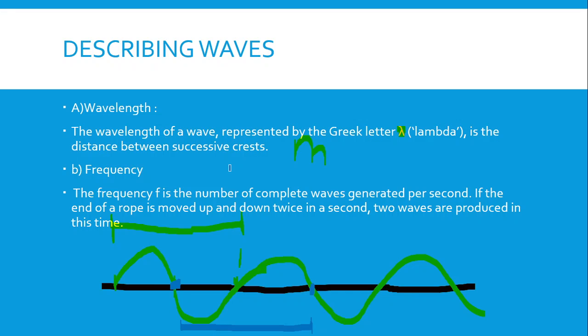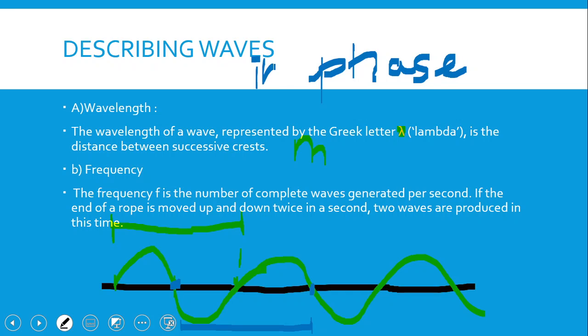So wavelength is the distance that includes one complete wave, one crest and one trough, or the distance between two successive points in phase. Now, what exactly do I mean by the word in phase? I'm going to write it here: phase, or in phase. So, what does in phase exactly mean?